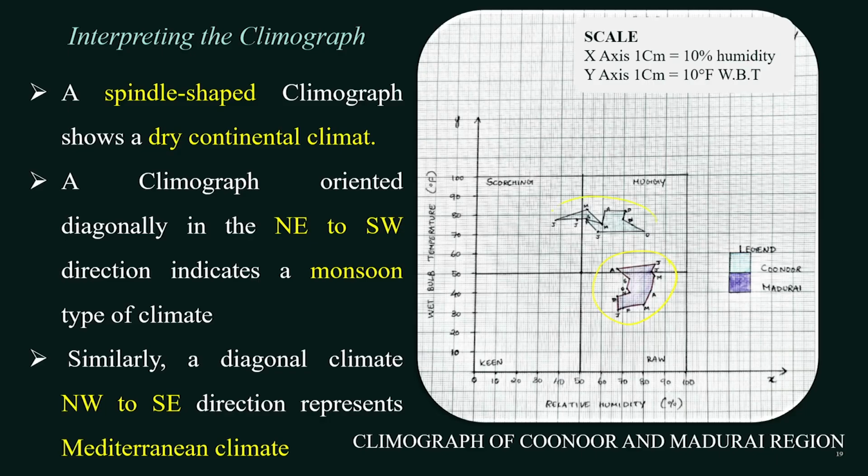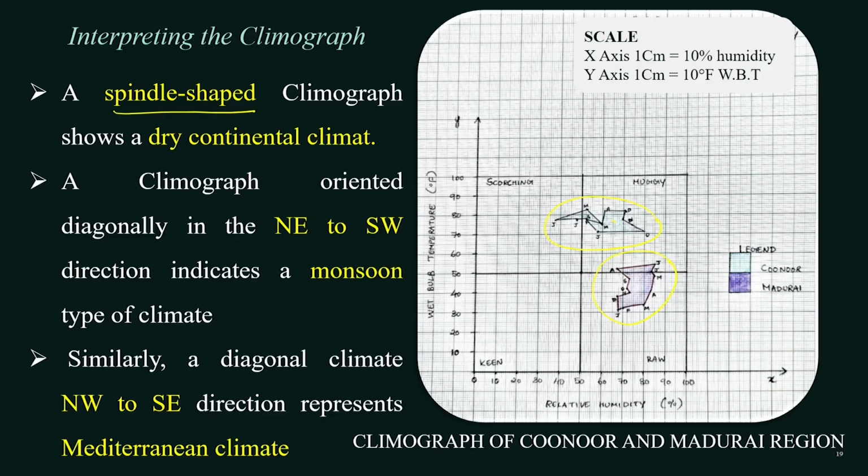For your reference, I have also marked another station's data. It looks like this. After plotting everything, you must check whether you have joined all the months. As I mentioned, a spindle shape says something about the dry continental climate.